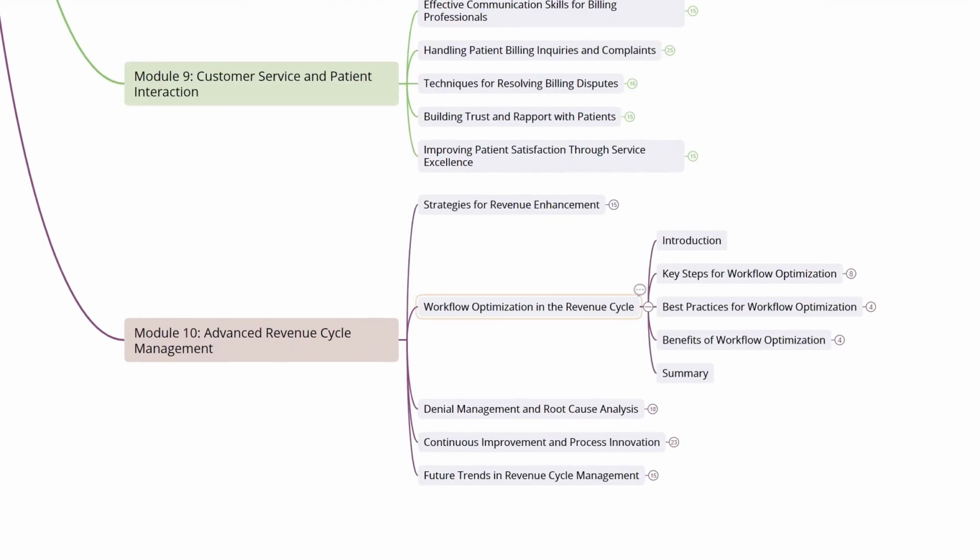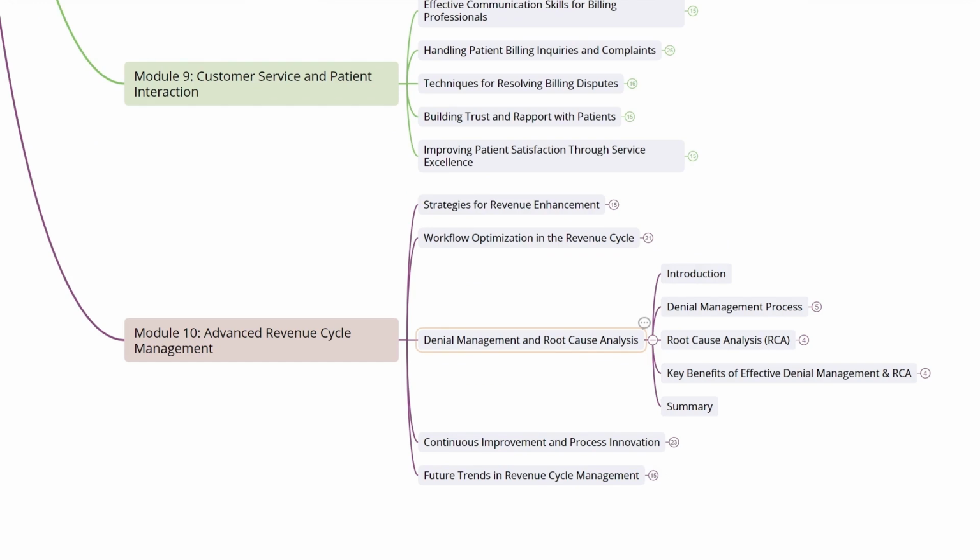Workflow automation in revenue cycle. Streamlining workflows reduces delays and errors. Now, this involves automating repetitive tasks, integrating systems like EHR and billing software, and establishing standardized procedures.